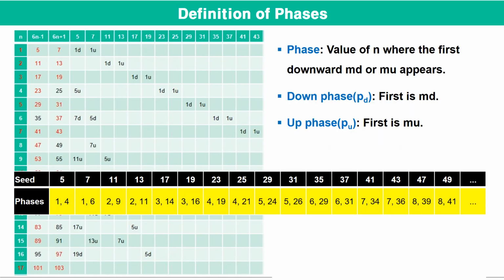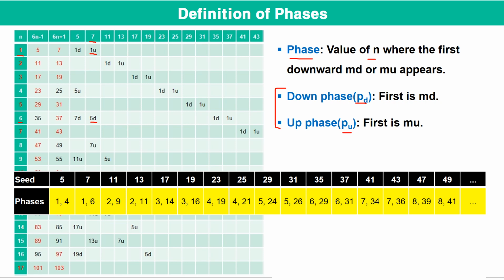Let's define phases. A phase is the value of n where the first downward MD or MU appears. There are two kinds of phases, down phase PD and up phase PU. For example, for seed 7, 1U appears at n equals 1, so the up phase is 1, and 5D appears at 6, so the down phase is 6.